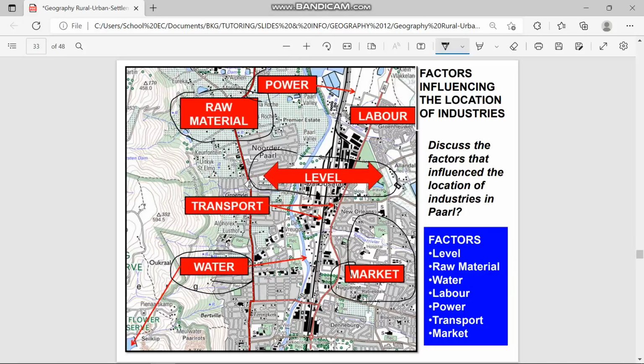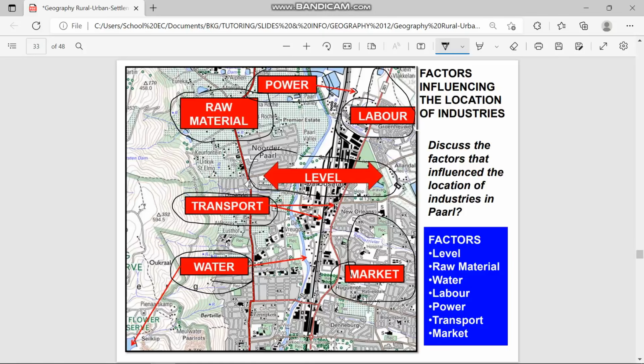We have power lines, long power lines. We need electric energy to manufacture our goods and services, so we have to get power. Labor, so that you can get some employees. Transport, along roads, to easily transport the goods and services. So all of these industries are nearest these features: raw material, transport, water, level land, market, labor, and power, so they are influenced by them.